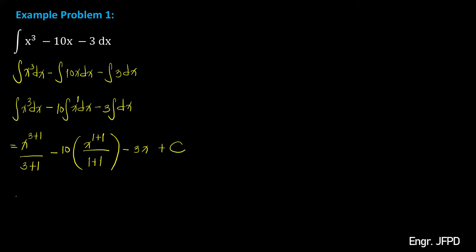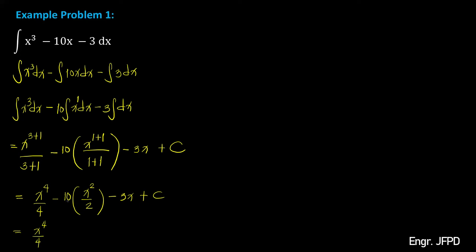Try to simplify this equation further. This will give us x raised to the exponent of 3 plus 1, which is 4, over 4, then minus 10, then multiplied by x raised to 1 plus 1, which is 2, over 2 minus 3x, then plus c. Then let's try to simplify our final answer, wherein we can write it as x raised to 4 over 4.